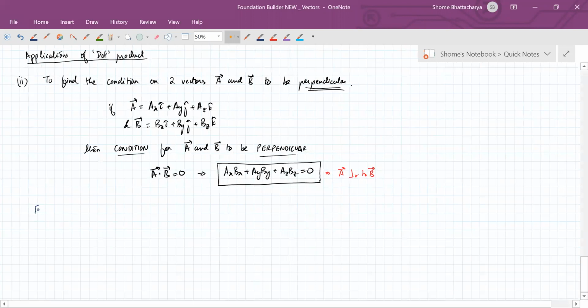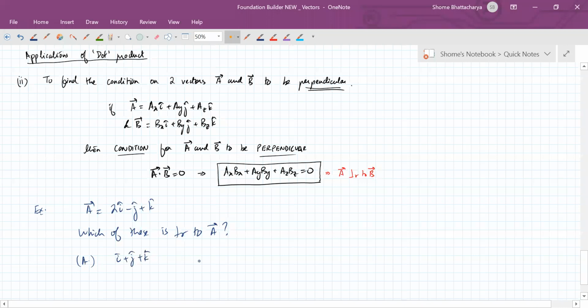So for example, if we have a question like this, we have a vector which is given by 2 i cap minus j cap plus k cap. I want to find out which of these is perpendicular to vector A. So our option A is, let's say, this. Then our option B is, let us say, this.